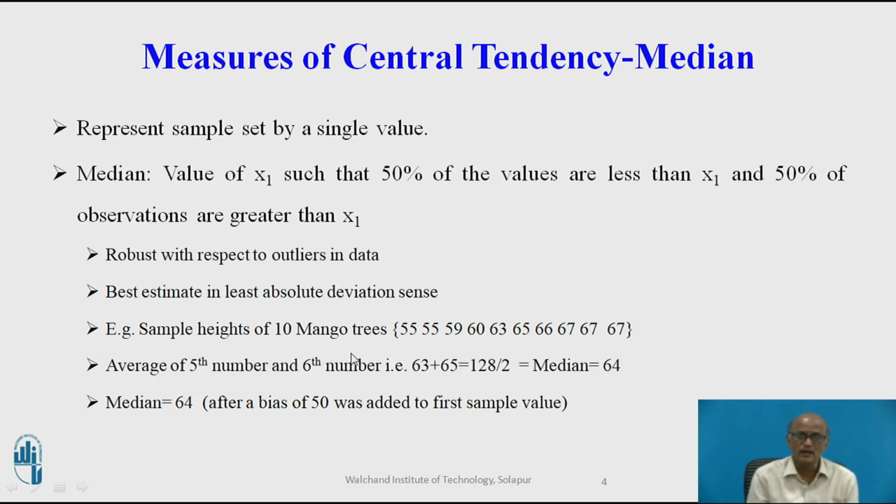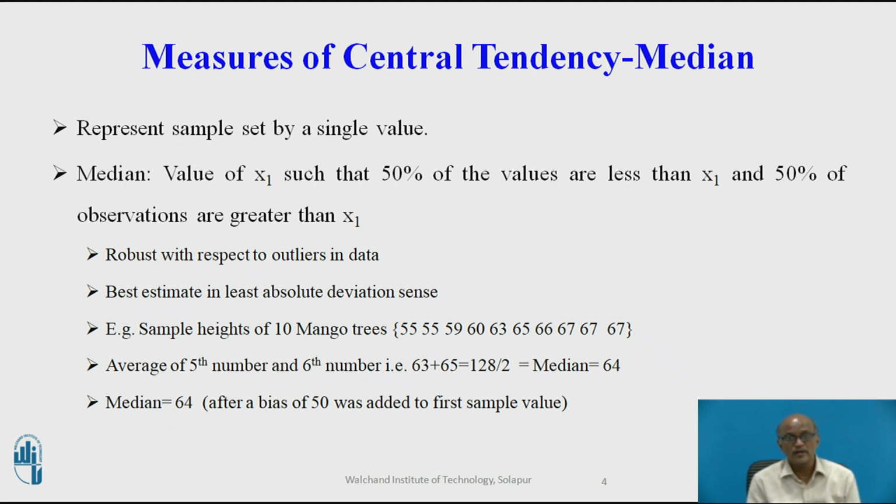Now consider the second measure of central tendency, that is the median. The median is a value such that 50% of the data points lie below this value and 50% of the experimental observations are greater than this value.